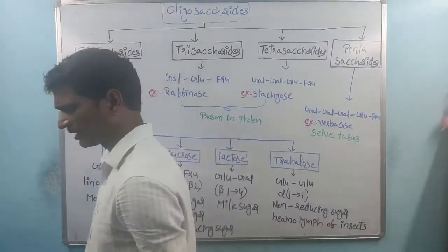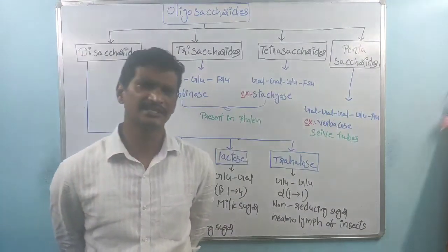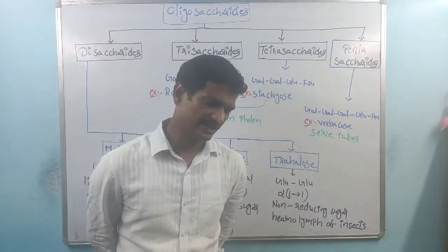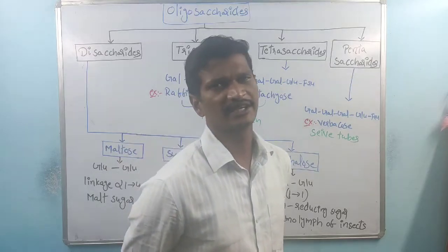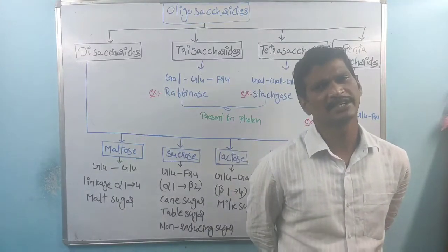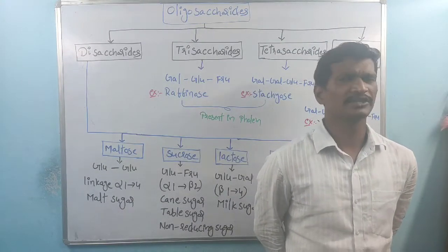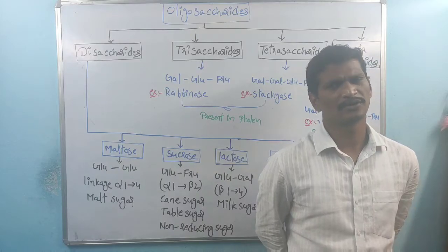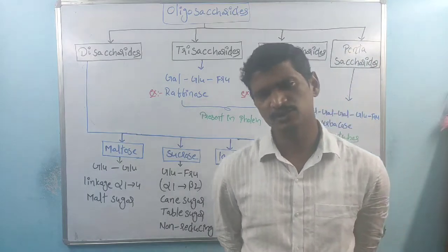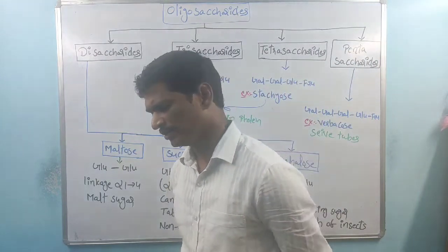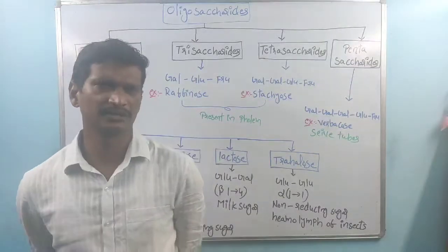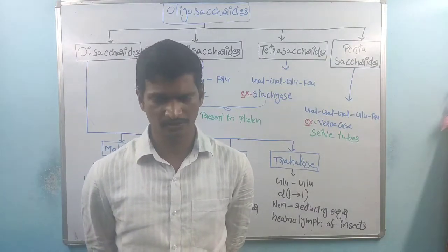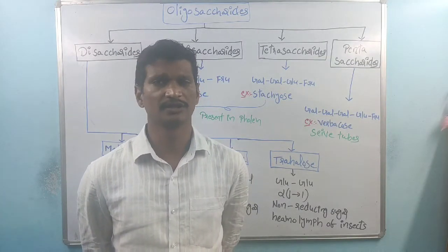Within the oligosaccharides there are disaccharides, trisaccharides, tetrasaccharides, and pentasaccharides. So based on the number of monosaccharides, we give names to the oligosaccharides. How these are linked, we already discussed in the last class.